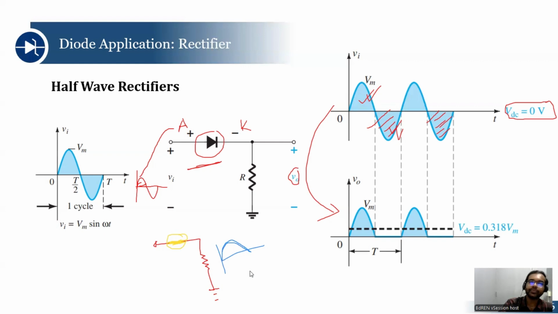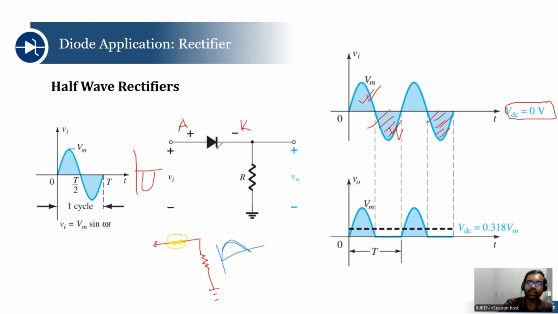Right? Now consider the second case. For the negative half cycle, what is happening here? Let's say now we are applying the negative half cycle. For this negative half cycle, the anode of the diode is receiving the negative voltage.